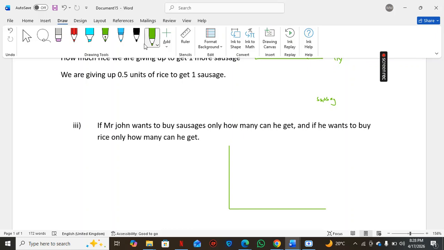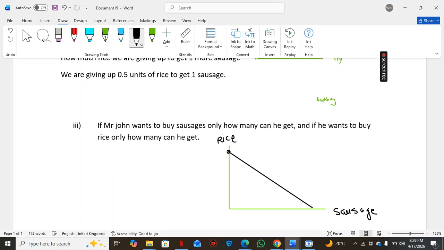So if we draw our budget constraint line like this, here we have our rice on our y-axis, and here we have sausage. So the intercepts are here.